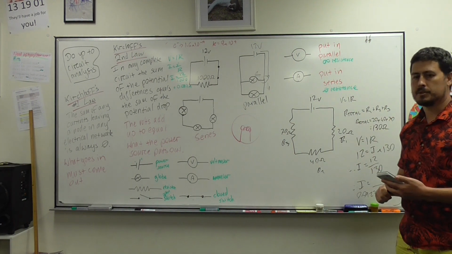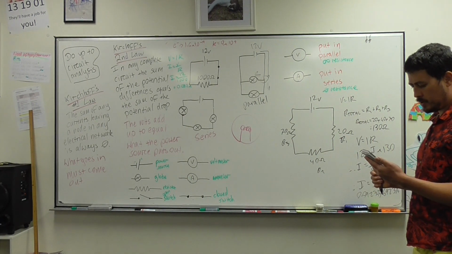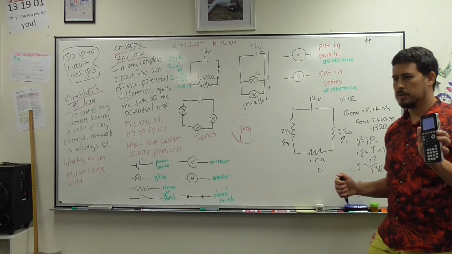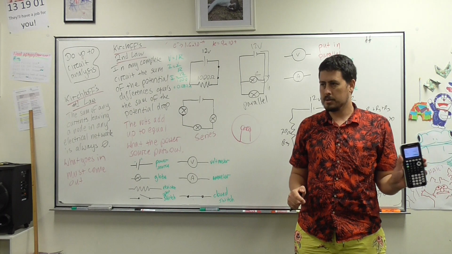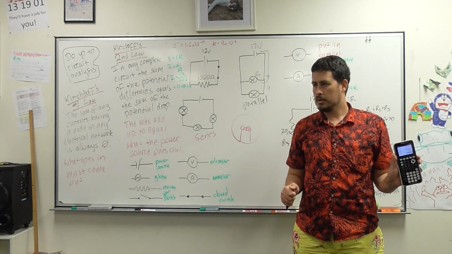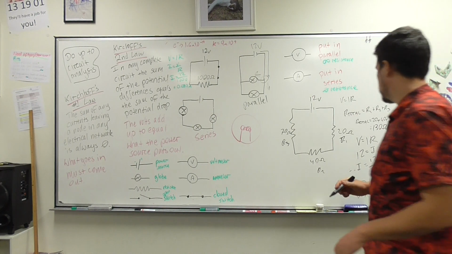I recommend at this point to keep all the decimal points. We've got 0.0923076923, so when you've got it on your calculator, keep them all in there so that you can just go up and select an answer again. Don't round off until the end, otherwise you'll end up with an error.